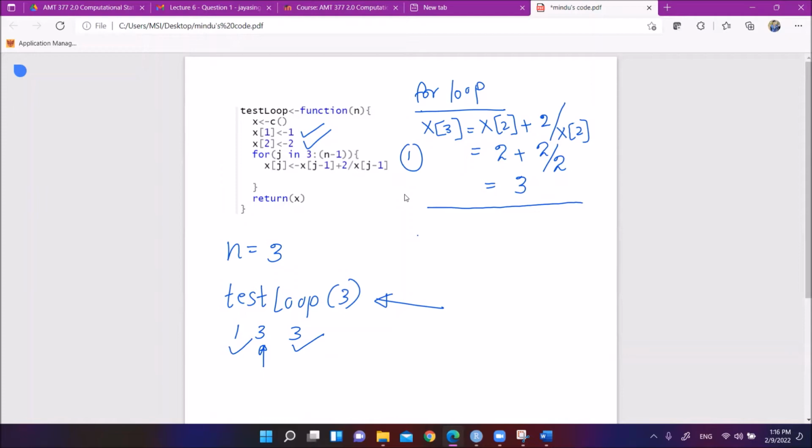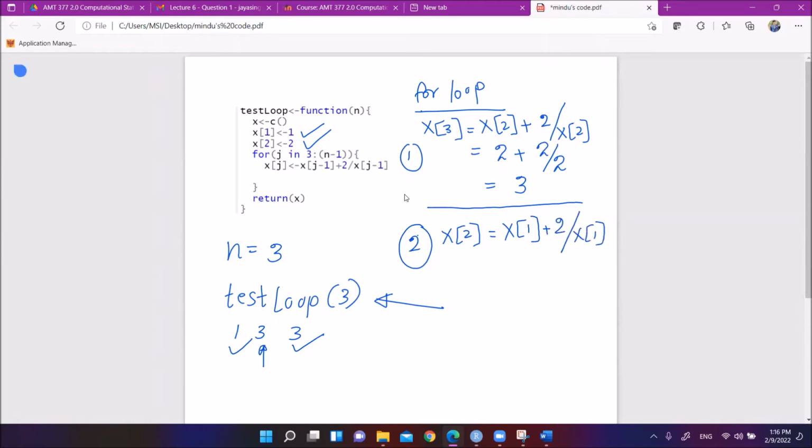Let's think why. It goes to the second iteration. In the second iteration, j is equal to 2, because 3, 2, 1, likewise it's going. So when j is equal to 2, we are getting x2 equals, when this is 2 minus 1, that is x1, plus 2 over x1.